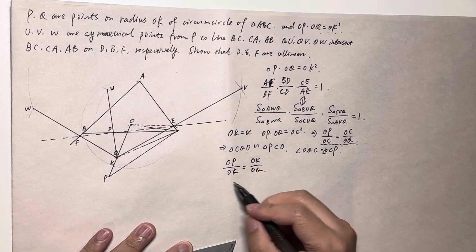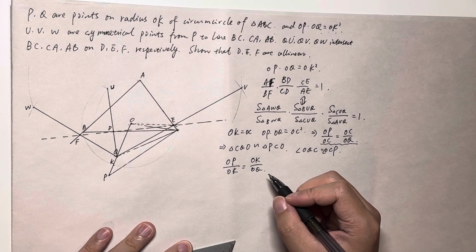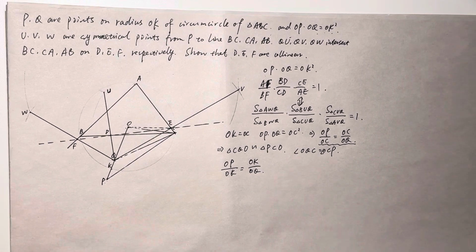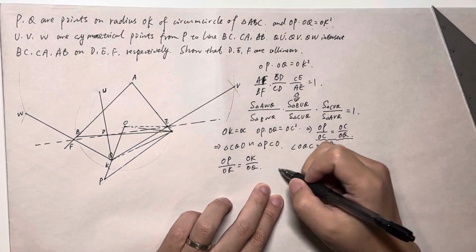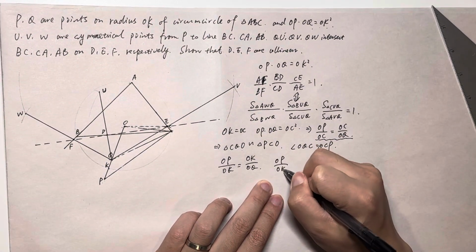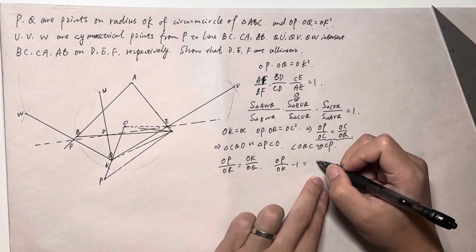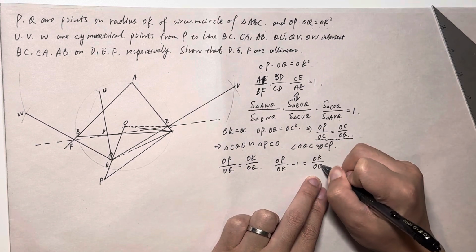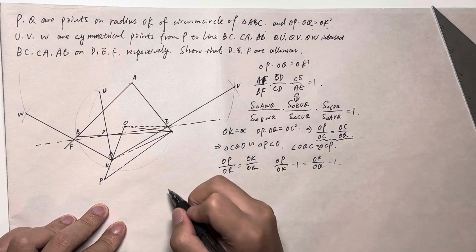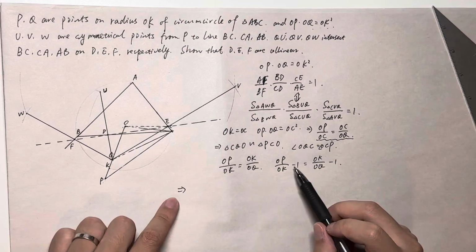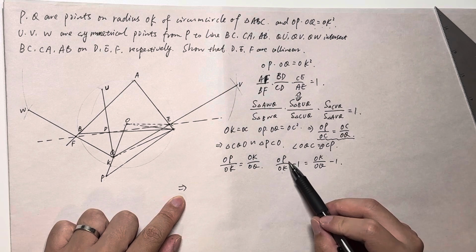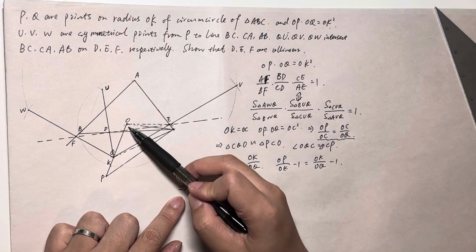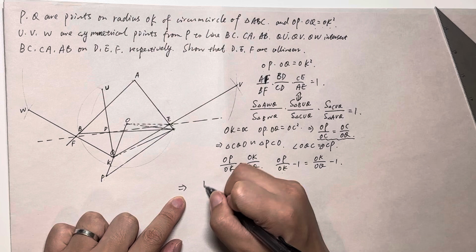So we can just do some derivation from here, right? OP to OK minus 1 would be equal to OK to OQ minus 1, which gives OP minus OK to OK, right? OP minus OK, that's PK.